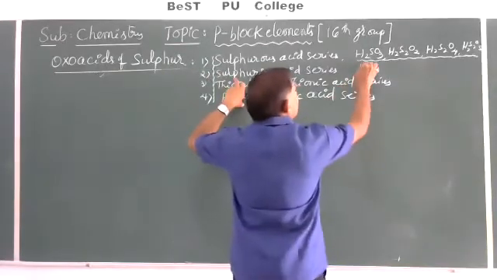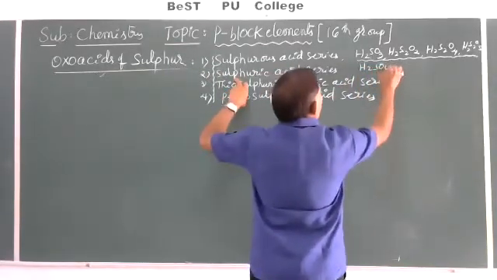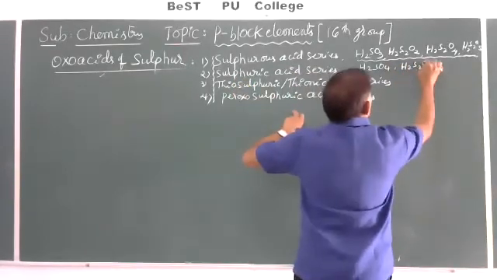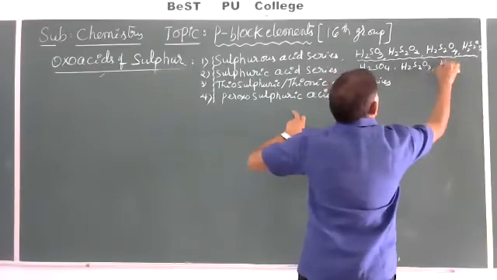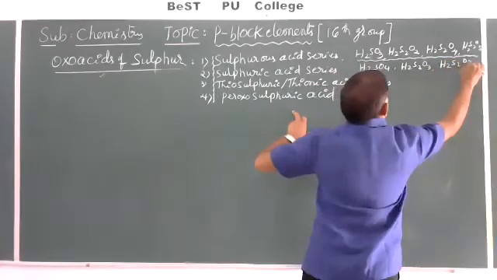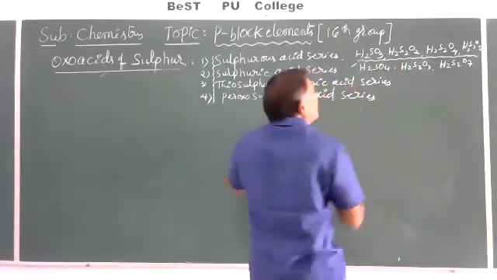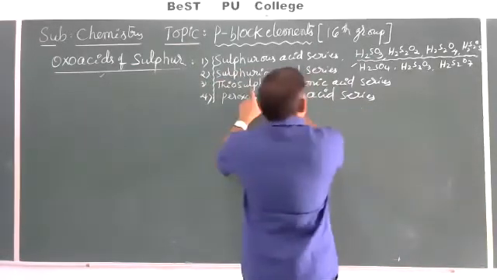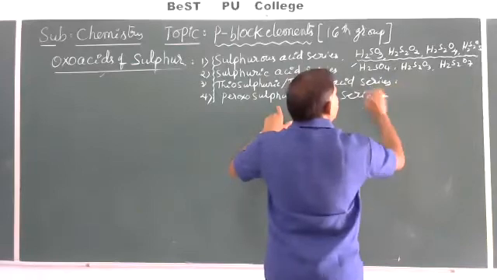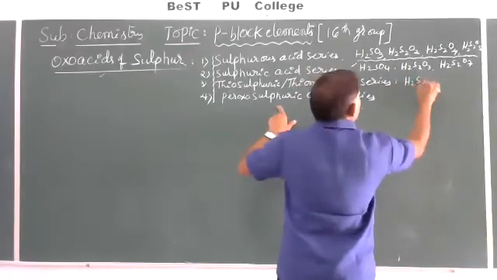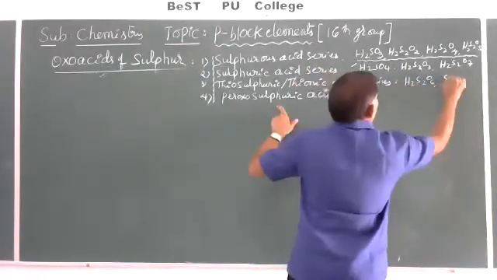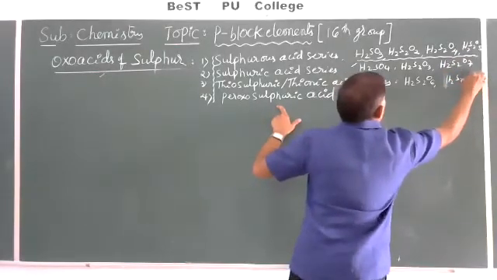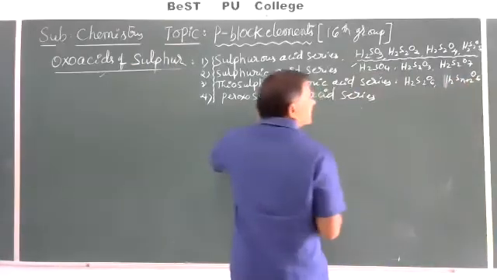Sulfuric acid series are H2SO4, H2S2O3, H2S2O7. These are the three important examples of sulfuric acid series. Thionic series examples here are H2S2O6, the H2SnO6 series.